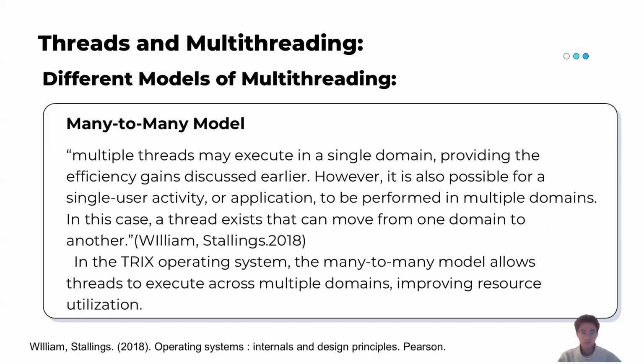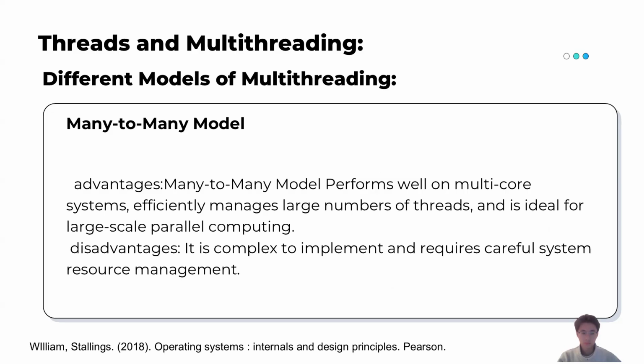And then the many-to-many model: threads can execute across multiple domains for efficient resource utilization. It works well on multi-core systems, but the disadvantage is that it is complex to implement and requires careful system resource management.